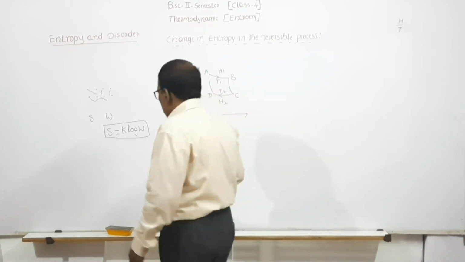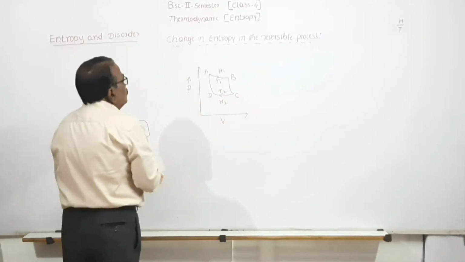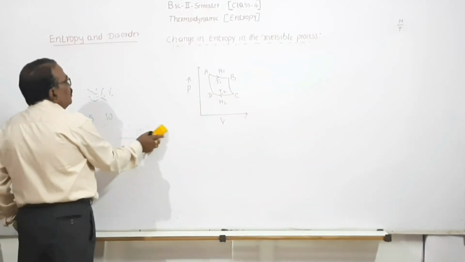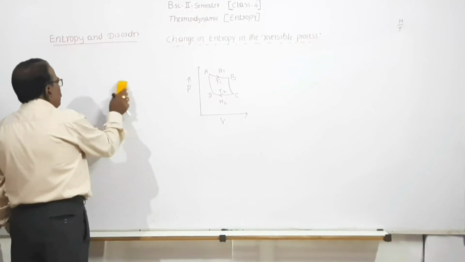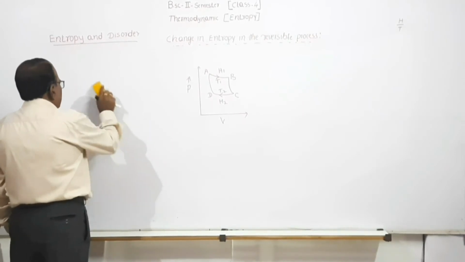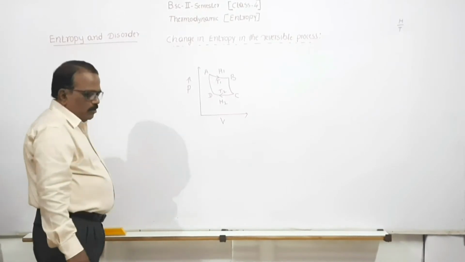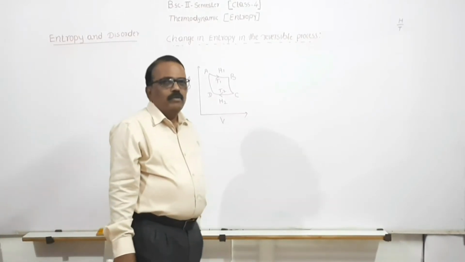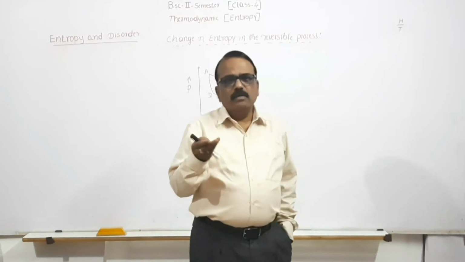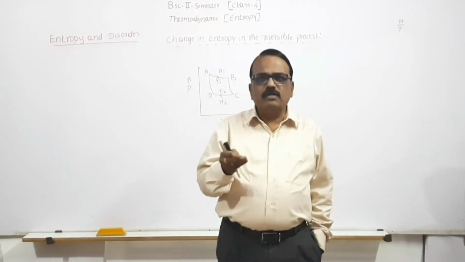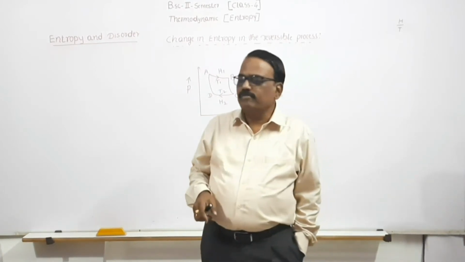Next we have to study the change in entropy in the reversible process. If the system is perfectly reversible, we have to study whether entropy increases, decreases, or remains constant.